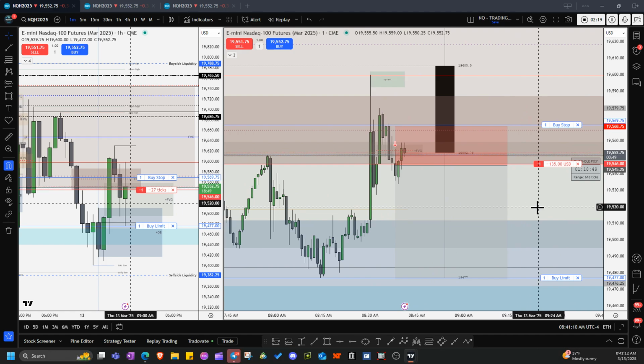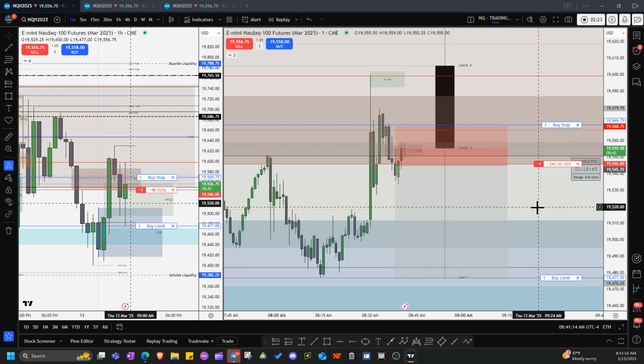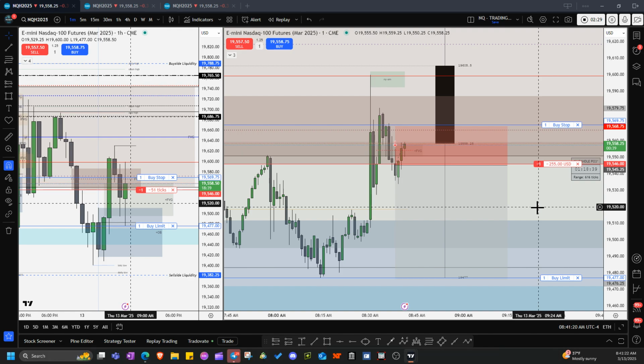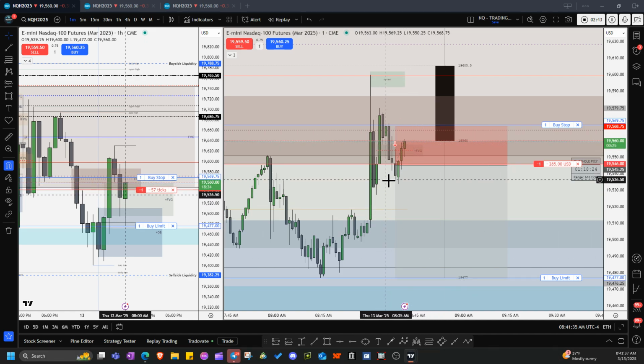Let's see. Just the fact that I traded back into that zone, I think we might get stopped. I should have realized that this would have just been a quick use of this zone, and then they would probably come back into that area.